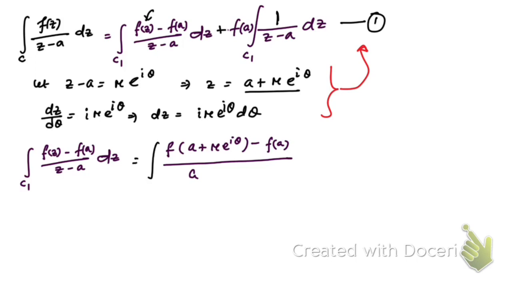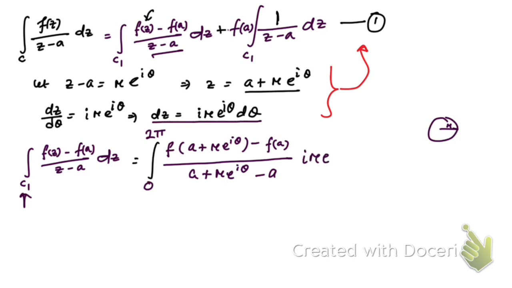Z is again a plus r e to the power i theta, and then we have a minus a here, dz. That's what we're going to have. Here c1 is the circle that we have considered of radius r, so we're going to integrate from 0 to 2 pi, right? Hope you have understood this. And this dz is replaced by i r e to the power i theta d theta, right?